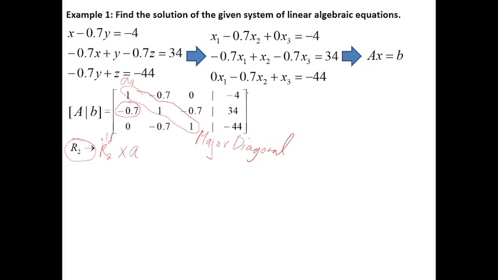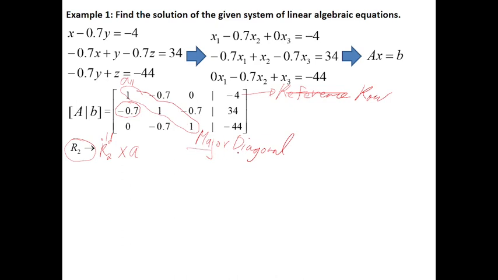So in other words, this will be our reference row. If this is our reference row, as you notice, the elements below A11 are negative 0.7 and 0, and we are to convert negative 0.7 to 0. Since A11 is along the major diagonal, it will be a reference.